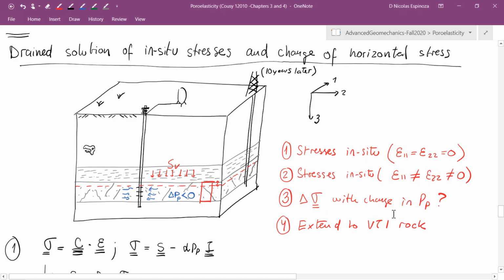So this would apply for very permeable formations. And let's go to number 4, which is extending this to a vertical transverse isotropic rock.